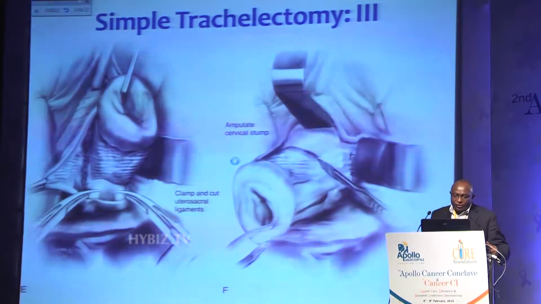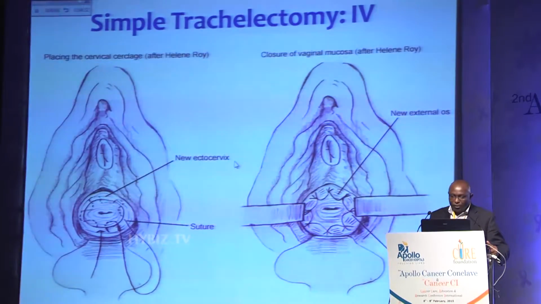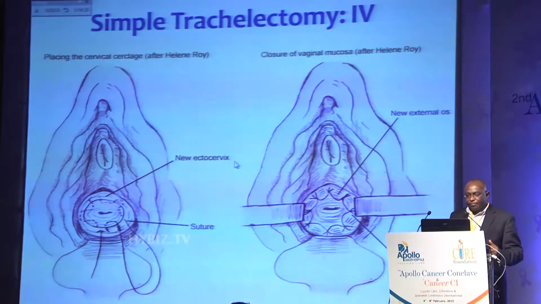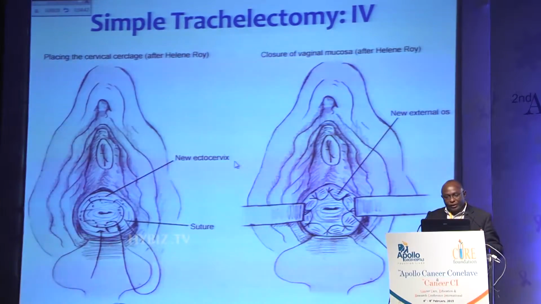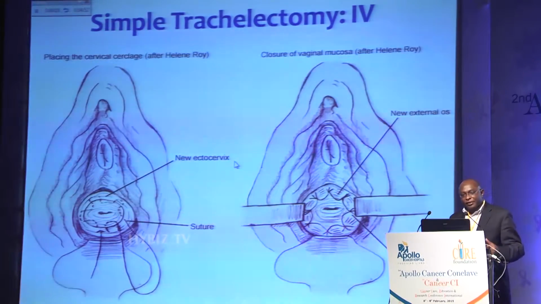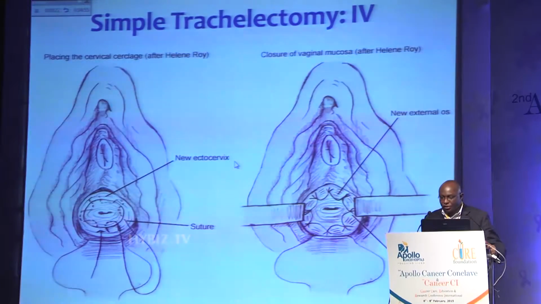Closure of this requires placement of hemostatic sutures all around, as well as overlaying the exposed cervical tissue with vaginal mucosa, as well as placing a prophylactic cervical cerclage.